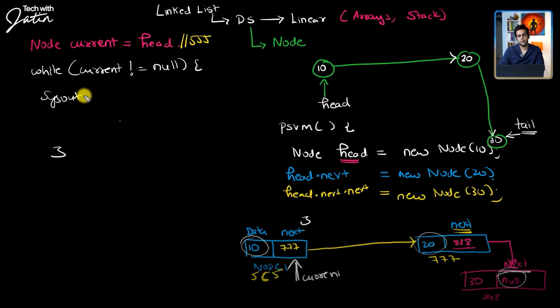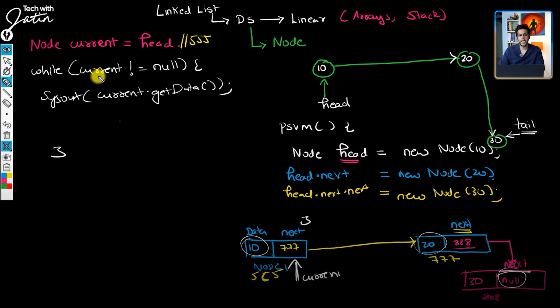What? Print the data. Current dot get me the data, the getter I am using. And then you have to update the current. I have printed the data, so now I have to take the next reference. I will say current gets updated with current dot next.